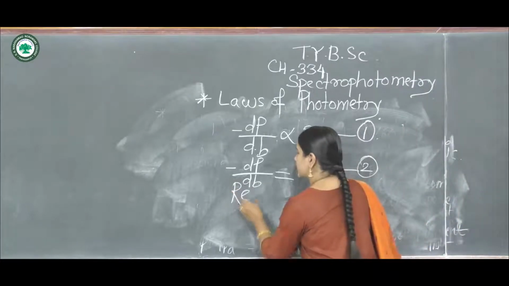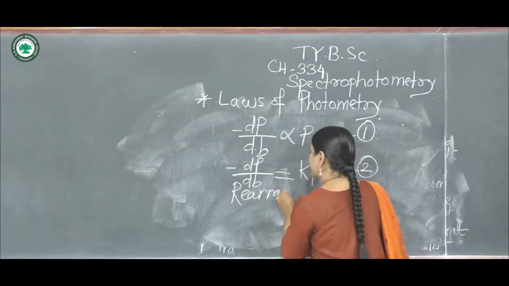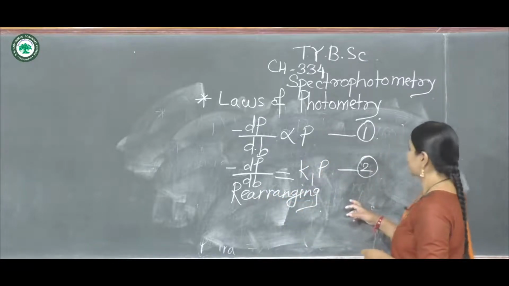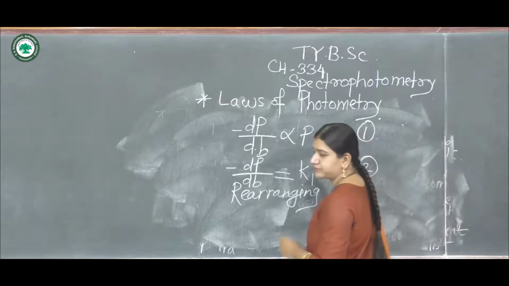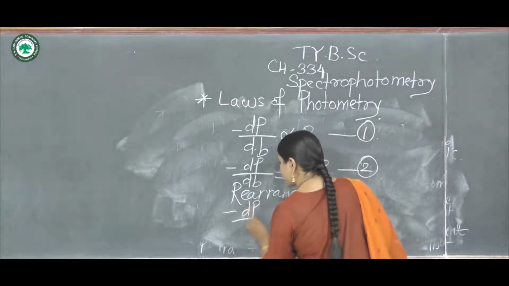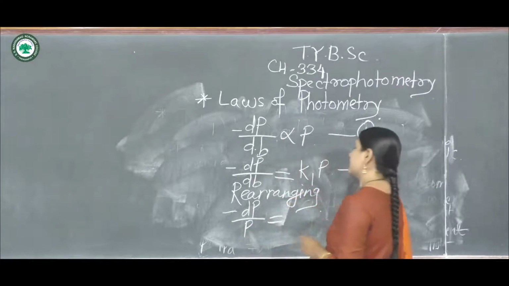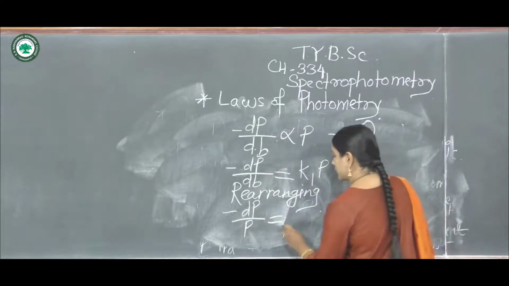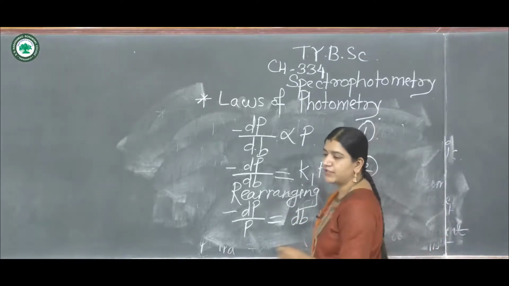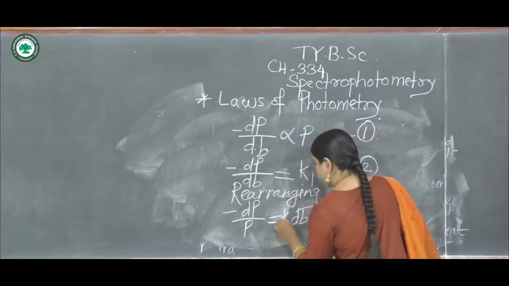Now rearranging, we get minus dP upon P is equal to k1 into dB.